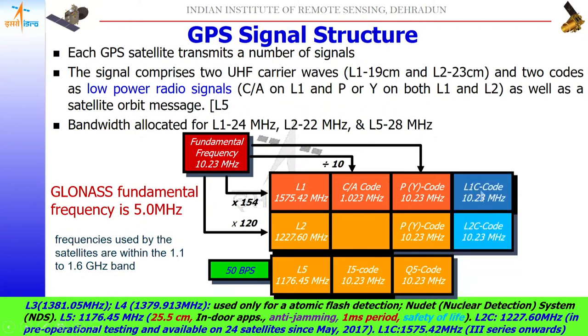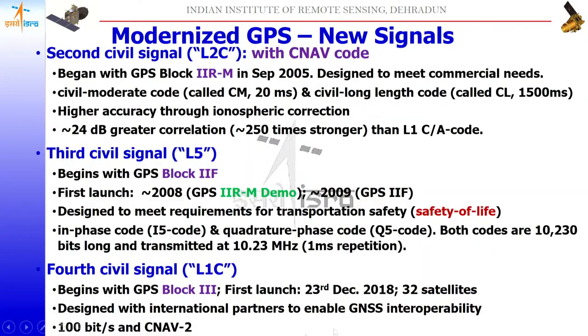L1C and L2C have the same fundamental frequency, so they are faster and produce less ambiguity. The modernized GPS provides new signals: the second civil signal L2C, the third civil signal L5, and the fourth civil signal L1C. So these all came into the picture in modern GPS.